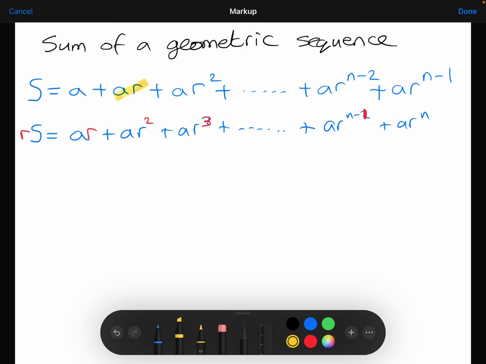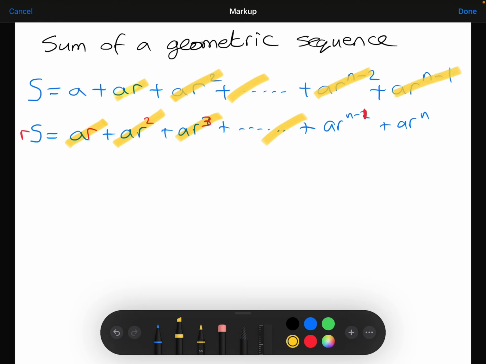The AR subtract the AR here would cancel out. The AR squared subtract the AR squared would cancel out. The AR cubed subtract the AR cubed would cancel out. This term would cancel out with the AR to the n minus 2 here.